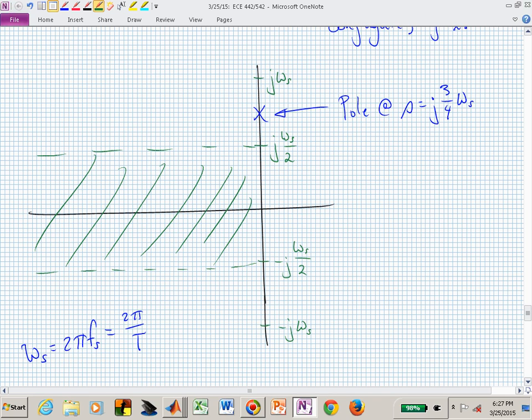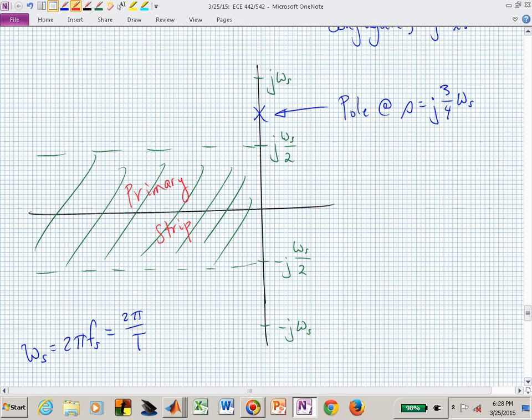That's our primary strip of frequencies that we can identify. If there's a frequency that's outside of that, it actually gets reflected back, and all the frequencies that we see get aliased into that frequency interval from 0 to omega sub s over 2.